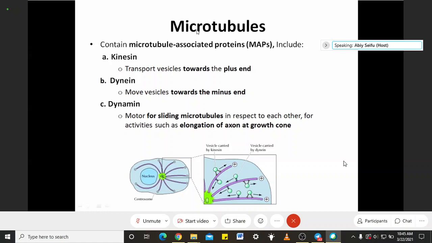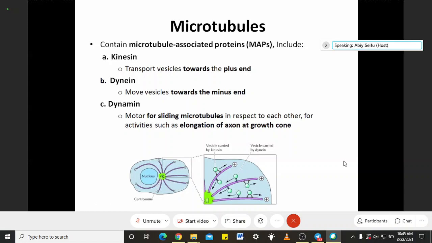So in this regard, microtubules are the main, not the only, but the main organelles to carry substances to be transported within the cell, including chromosomes, for example.